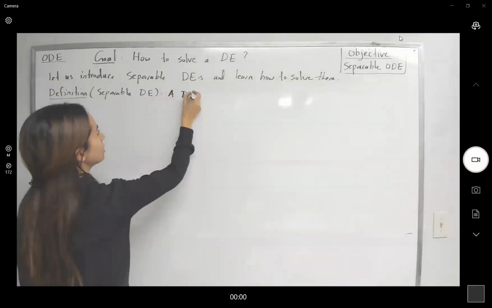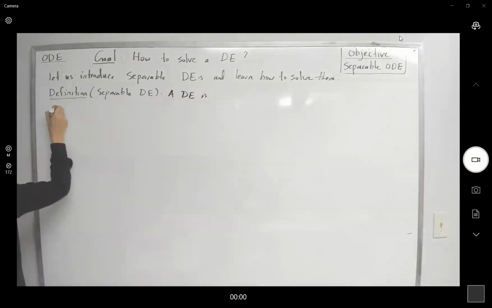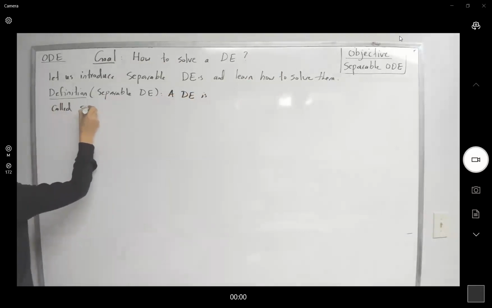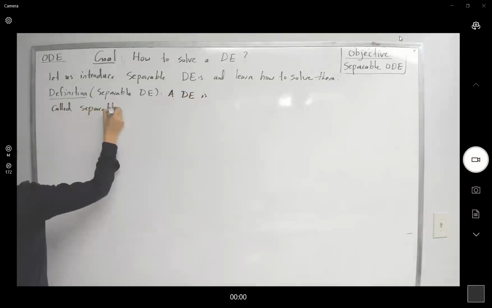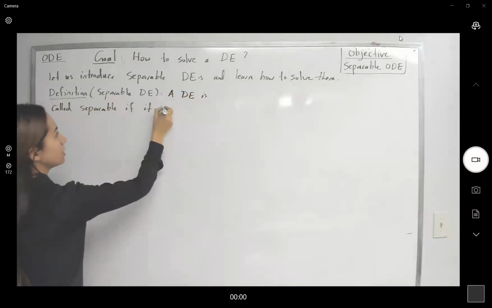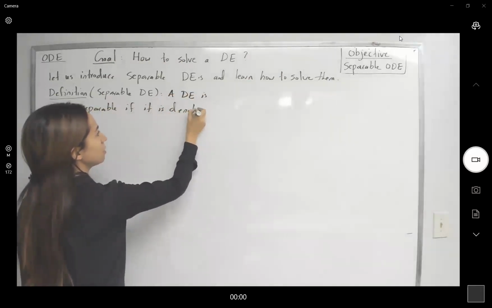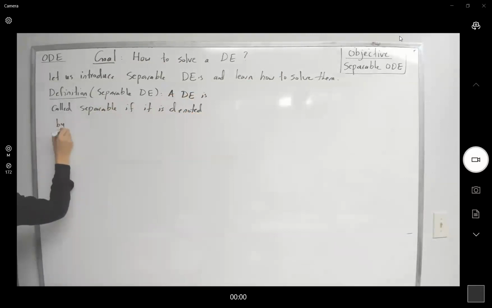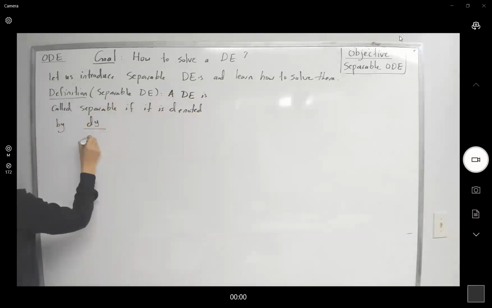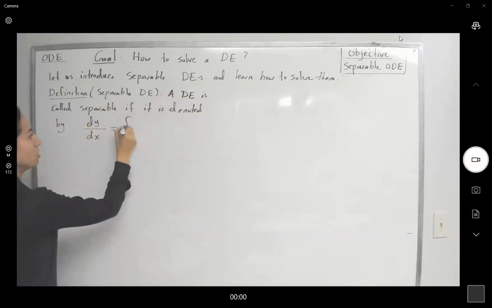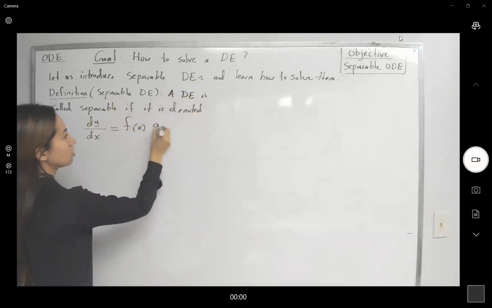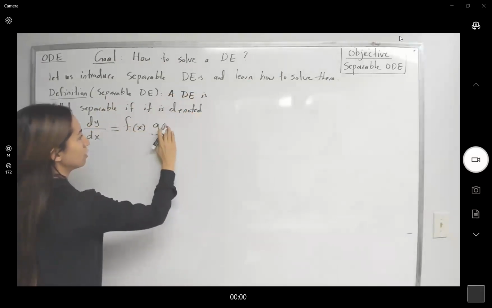A differential equation is called separable if it is denoted by dy over dx equals f of x times g of y.